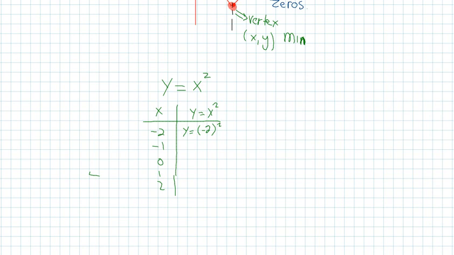Positive 4, because negative 2 times negative 2 is positive. Negative 1 squared? Positive 1, because negative 1 times negative 1 is 1. How about 0 squared?